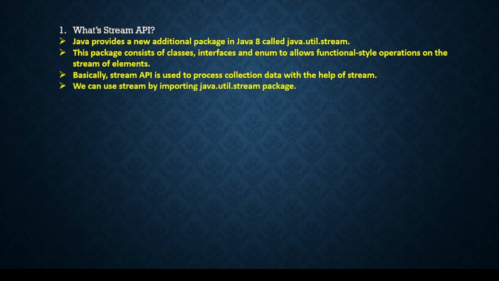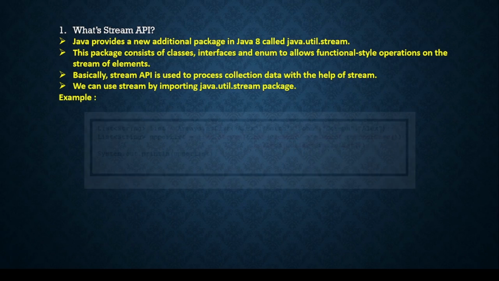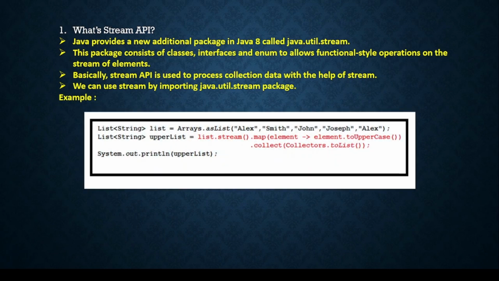Whenever we use the stream, we have to mandatorily import it. As one example, I have taken a list of string type with names like Alex, Smith and so on. Then I'm performing this stream. How can we create this stream out of the resource? Here I have taken the resource as a list.